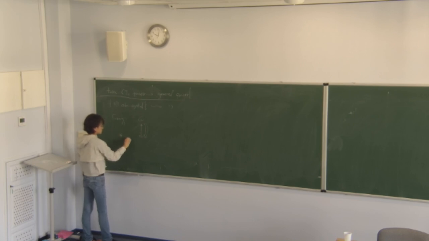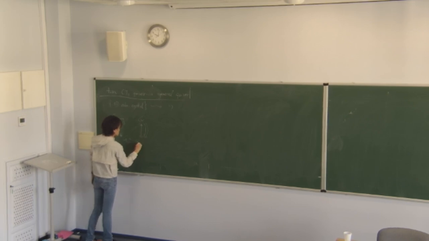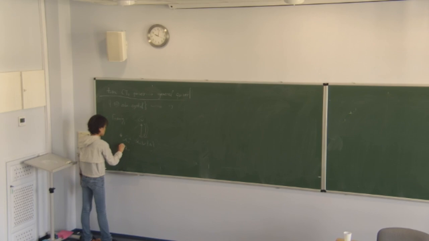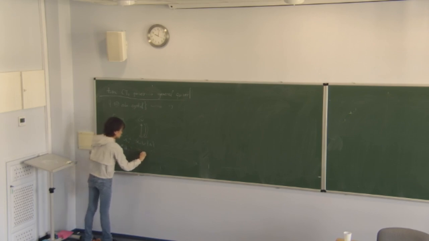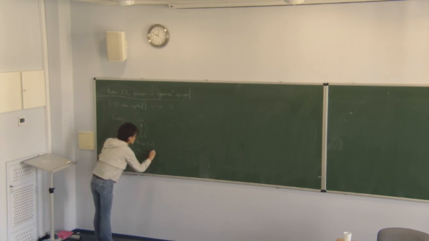So this framed quiver is just the original quiver with an additional vertex, with a bunch of arrows.